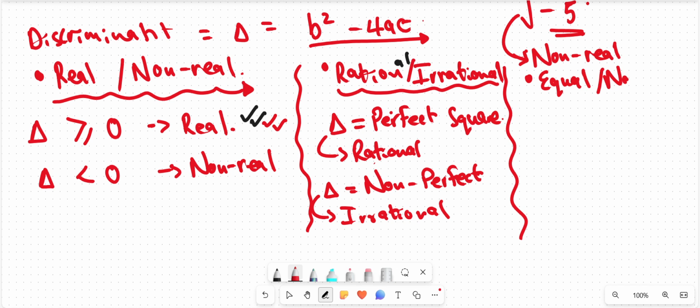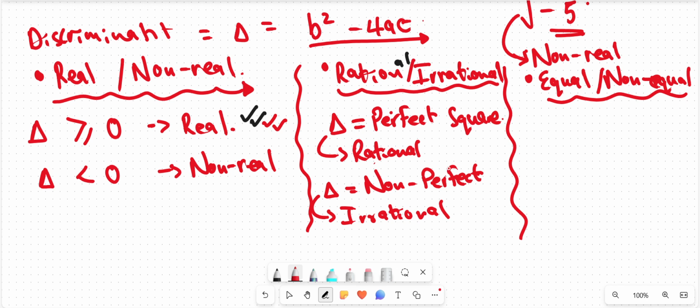For them to be equal or non-equal roots, they need to satisfy the first criteria, which is real. And then under these, they could be one or the other.